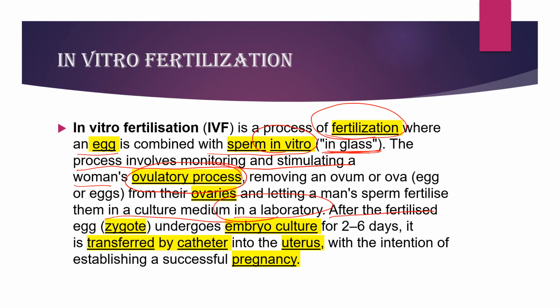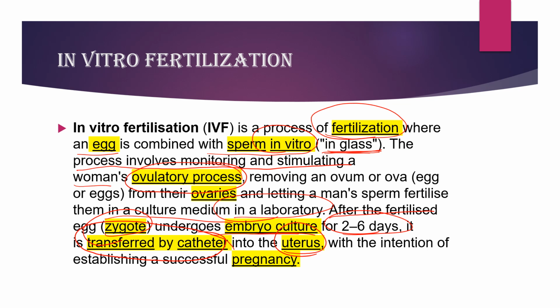After the fertilized zygote undergoes embryo culture for 2 to 6 days, it is then transferred by a catheter to the uterus. So the embryo culture is fully done outside. The ovum is taken, the sperm is taken, the embryo culture is done on a petri dish or glass outside, and then it is transferred by a catheter inside the uterus.